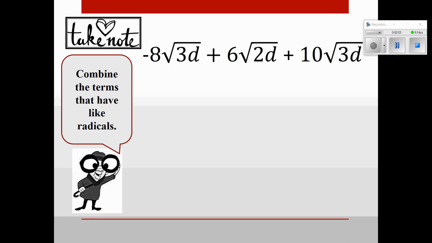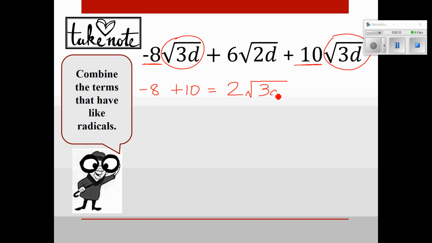Now here we have 3 different terms with radicals being added together. Again, we're going to look for what we call like terms. If you'll notice here, we have the square root of 3d, and here we have the square root of 3d. Because those have like radicals, we can combine what's on the outside. So we have a -8 and a +10, and we know that a -8 and a +10 is equal to a +2, and then you keep what's underneath, the 3d.